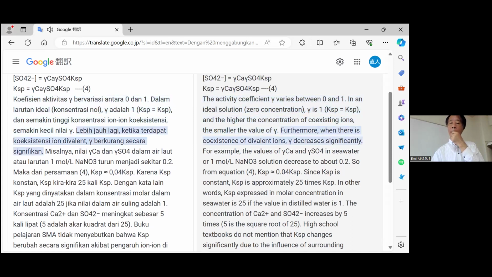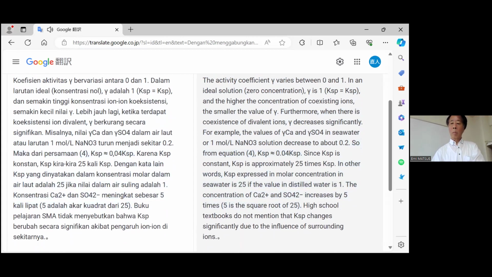Furthermore, when there is coexistence of divalent ions, gamma decreases significantly. For example, the values of gamma_Ca and gamma_SO4 in seawater or 1 mole per liter NaNO3 solution decrease to about 0.2. So from equation 4, K_sp is approximately 0.04 K'_sp. Since K_sp is constant, K'_sp is approximately 25 times K_sp.